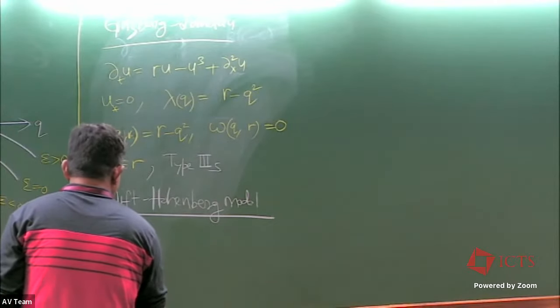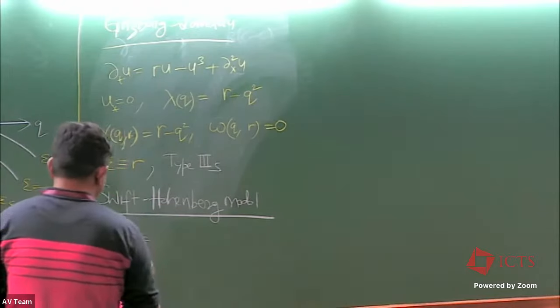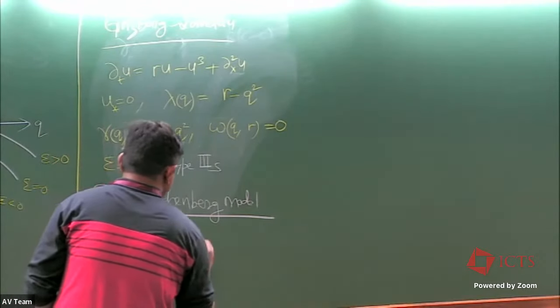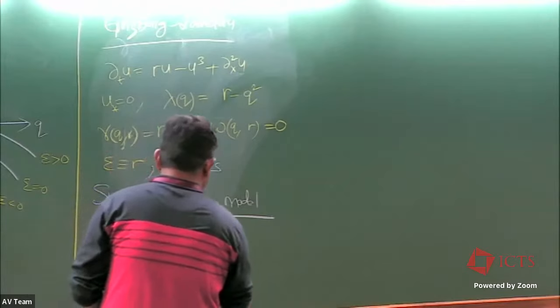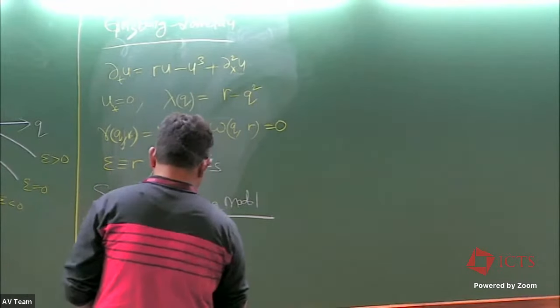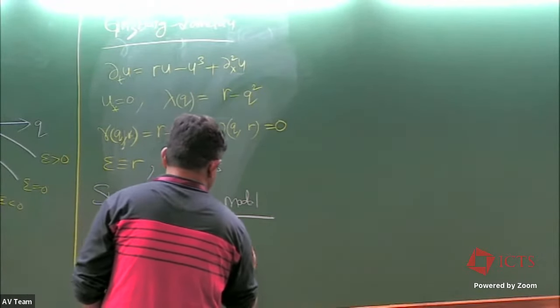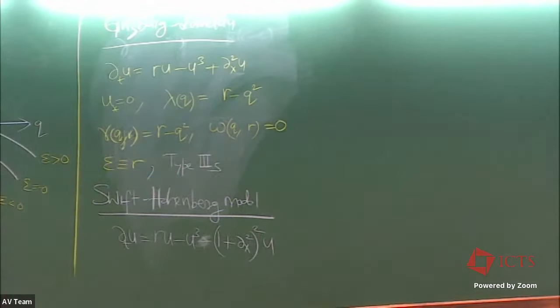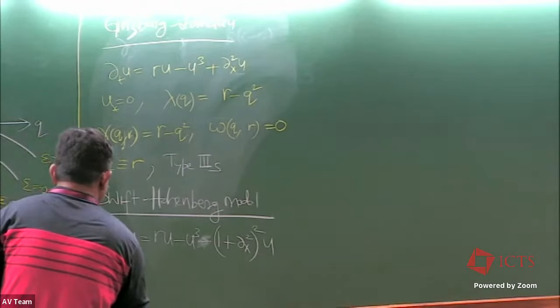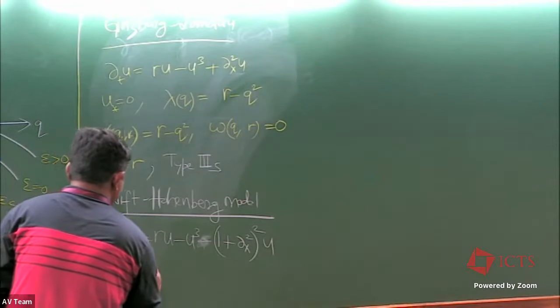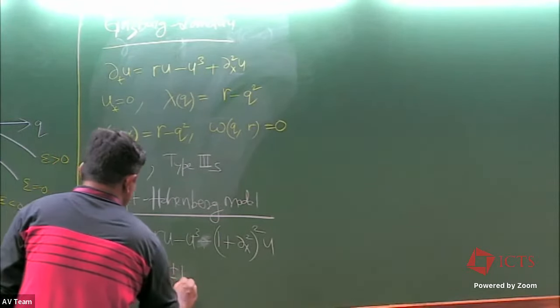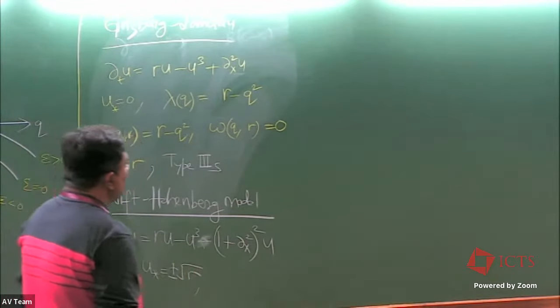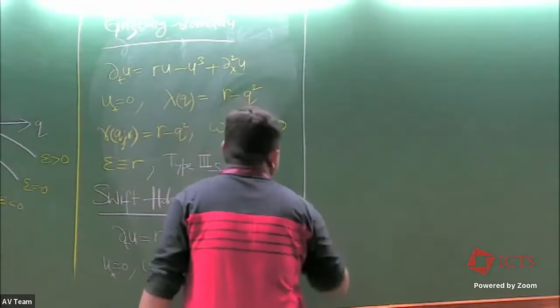So you have something very similar to the Ginzburg-Landau picture, except that you have a particular term, (1 plus dx squared) the whole squared. As usual, the homogeneous states are U equal to 0 and U star equal to plus or minus root R. Can you please do the linear stability analysis for this?